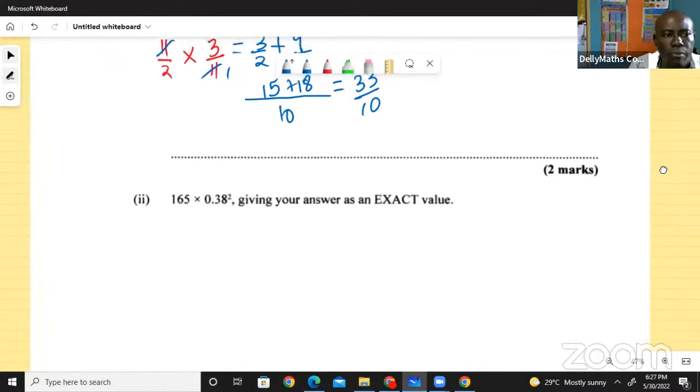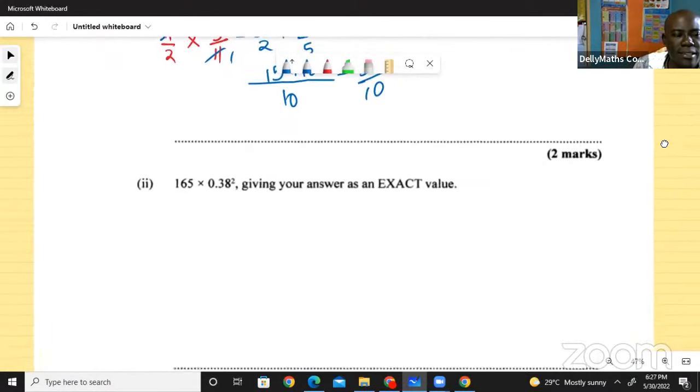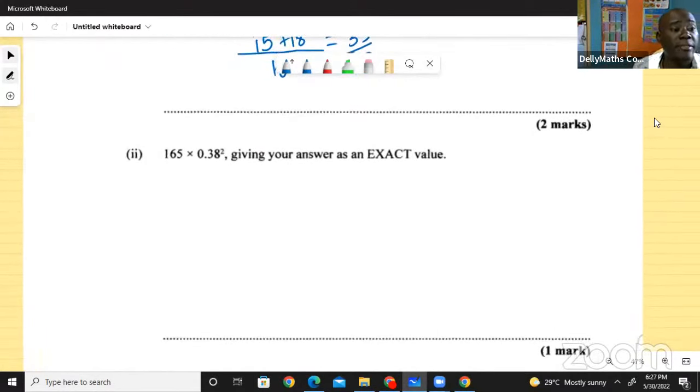All right, so the next question says 165 times 0.38 squared, giving your answer as an exact value. So we want to get this exactly, but you put this on your calculator and whatever you get is your answer, because that's what this is. It's a 1 mark question.